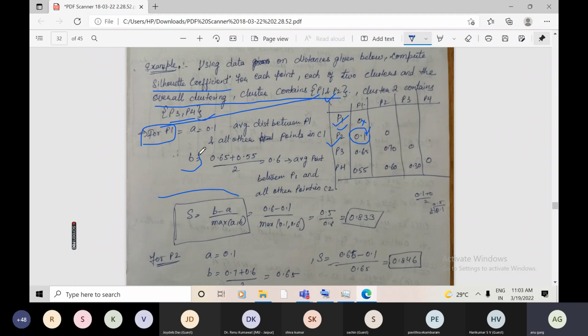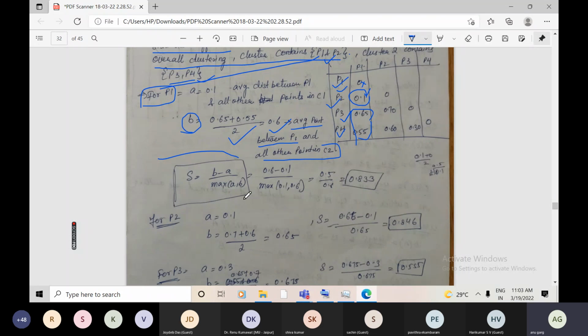Then B is the average distance between P1 and all points in C2. In C2 we have P3 and P4, so P1's distances are 0.65 and 0.55. Take the average. So we got the A and B values, then substitute here and find out the Silhouette coefficient. Max of A and B is 0.6. So this is what we got.